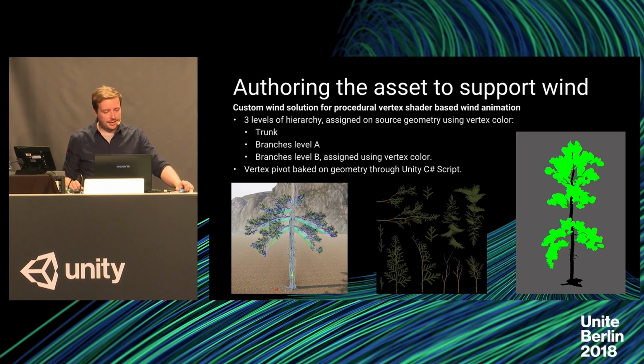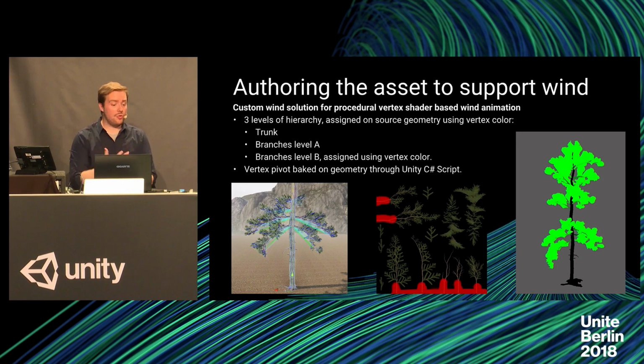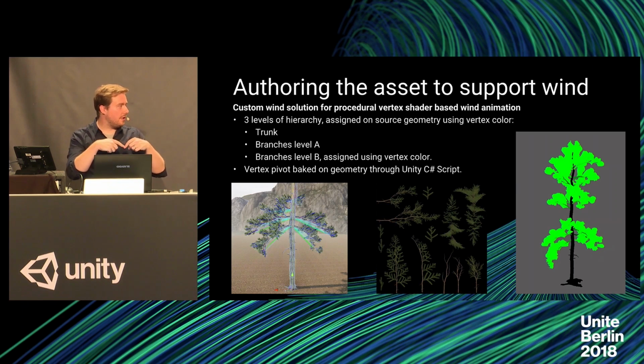In addition to that, we needed to give information to know where on the branch texture the pivot was. And so we use what we call a flutter mask, and it's the picture in the middle here. So you can see the branch, and I just quickly painted where the vertices of this branch are likely to be.